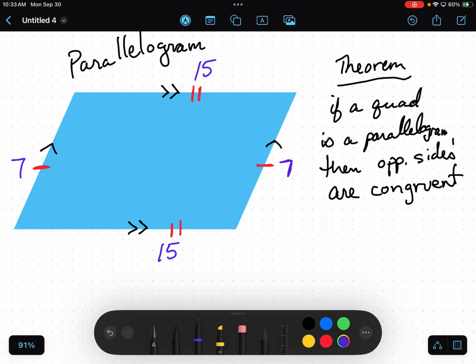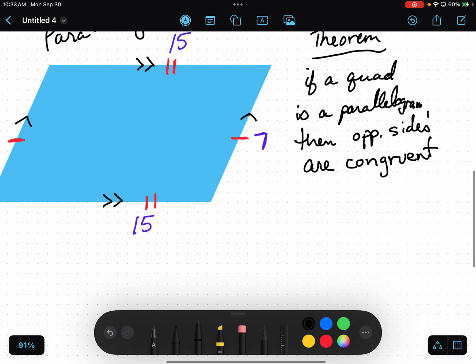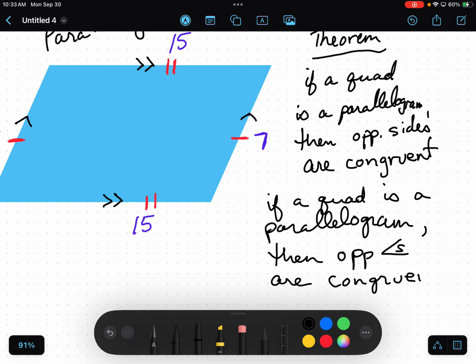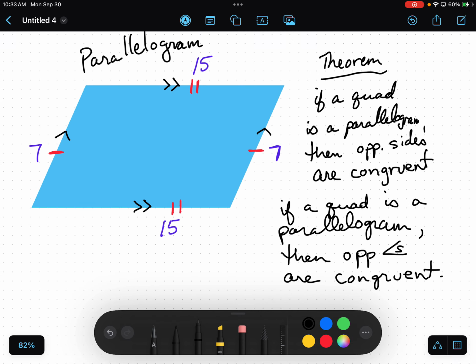Okay. And the other part to it is, if a quadrilateral is a parallelogram, then opposite angles are congruent. And again, I'm abbreviating, so if you guys want me to re-say it, I can.